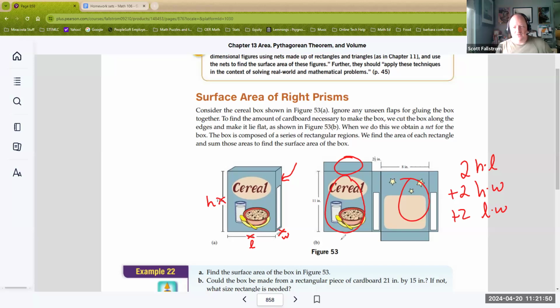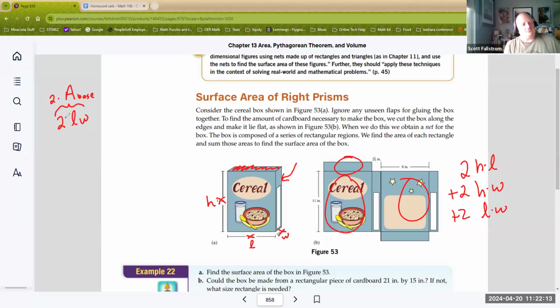Let me just share one thing with you. There's nothing wrong with this idea, but if we write it out and we kind of take a moment here, we could say, okay, I have two length times W. That right there is 2 times the area of the base. Remember, the base would be kind of what it's sitting on, if you will.